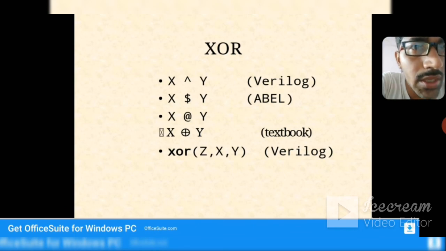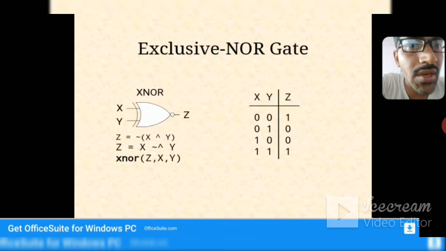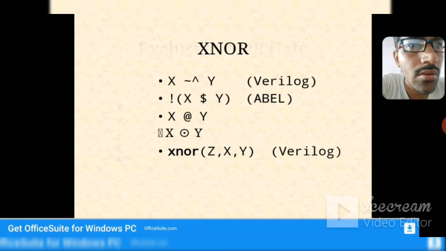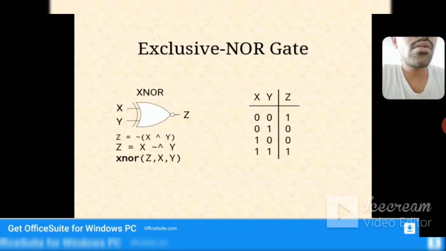The XOR symbol can be represented by a plus surrounded by a circle.